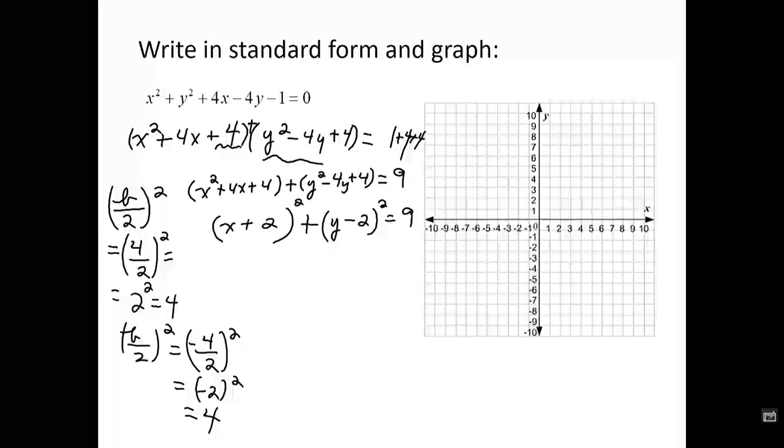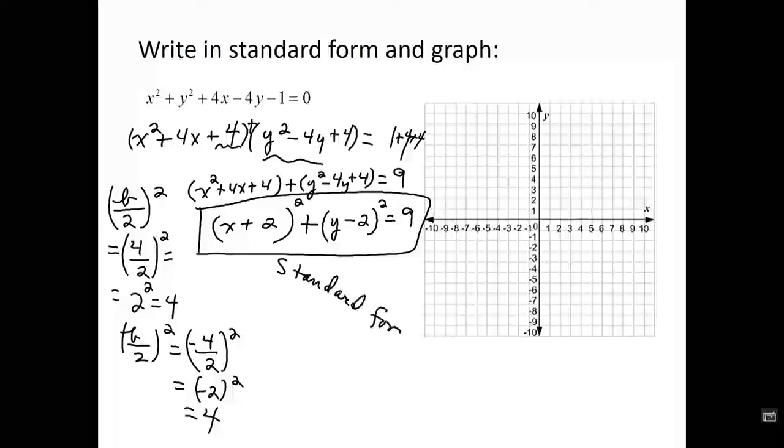So actually, we have expressed the equation of the circle in standard form. This is standard form now: (x + 2)² + (y - 2)² = 9.